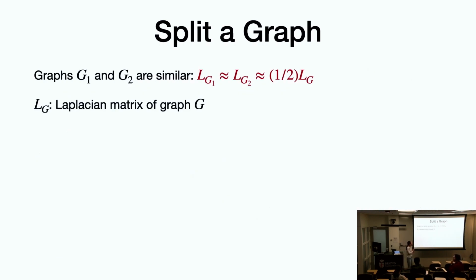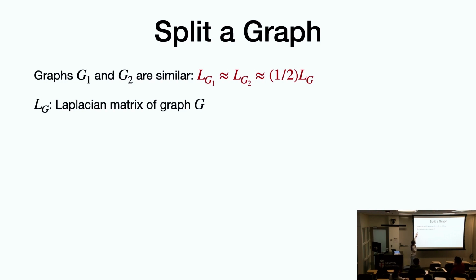Okay. When I say two graphs G1 and G2 are similar, I really want that the Laplacian matrices of G1 and G2 are similar, and they are both similar to half of the Laplacian matrix of the original graph G. I will define what the Laplacian matrix is.